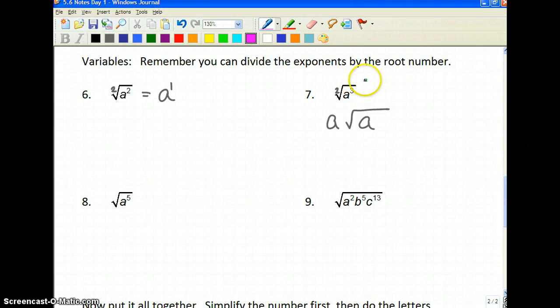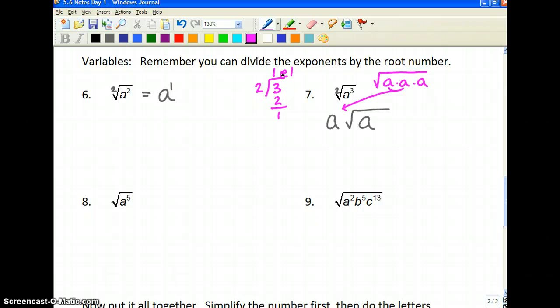If you say you have to have a partner to get out, we have the square root of a times a times a. Well, these guys can be partners, so they can come out as a single, and then you still have a leftover a inside. If you use the division thing, you think 2 goes into 3 one time, 1 times 2, with a remainder of 1. So this is how many come out, and this is how many stay inside.